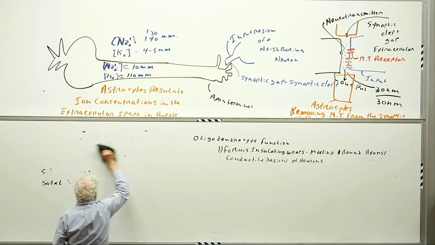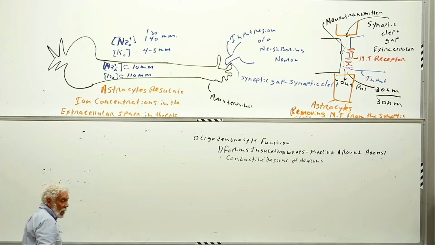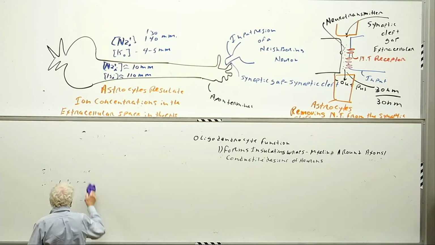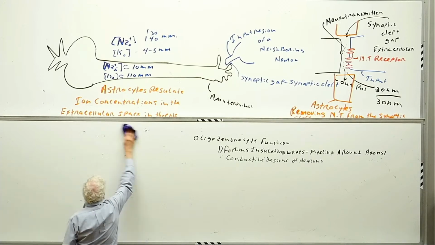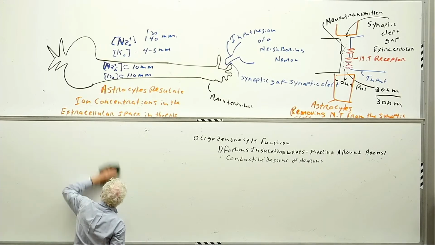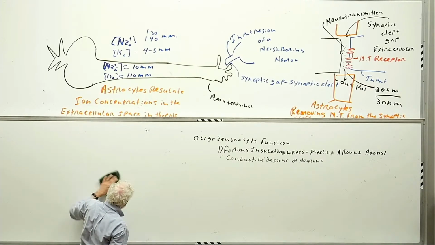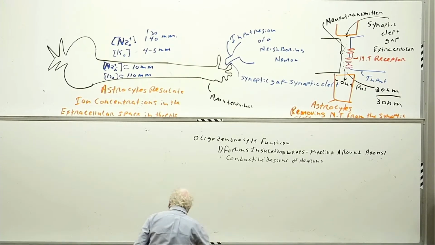We're going to look at it in 2 dimensions. The membrane of this imaginary axon I'll label in black. And then what we want to talk about is how the oligodendrocytes form these insulating layers.